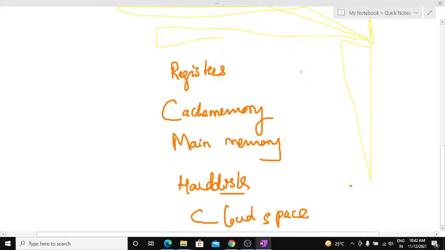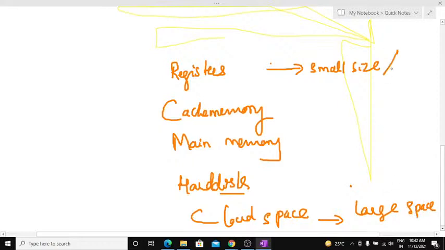Here the register has small size and small storage space, and here there is large space. But small size means more costly.